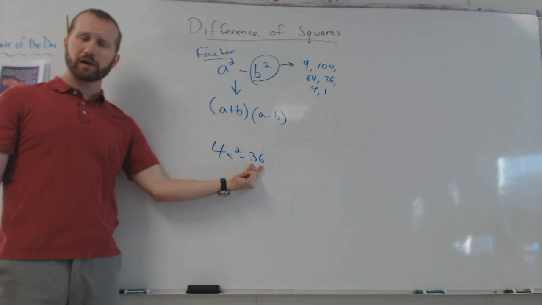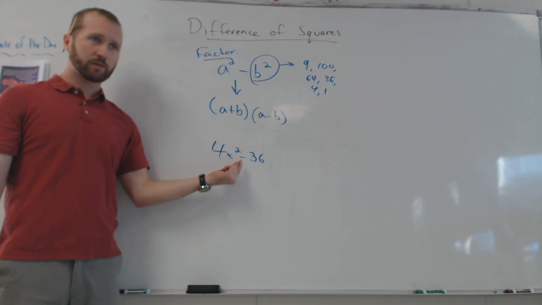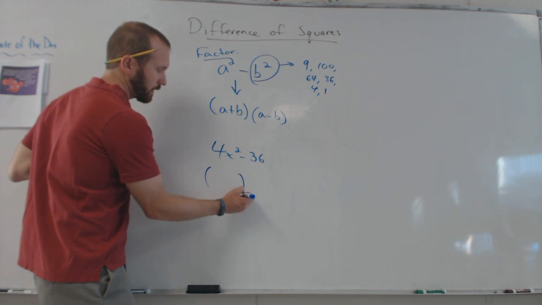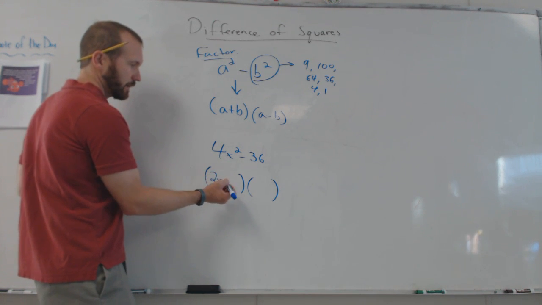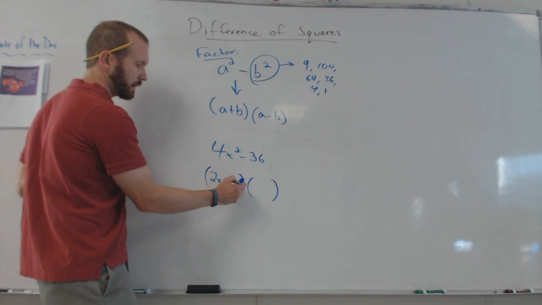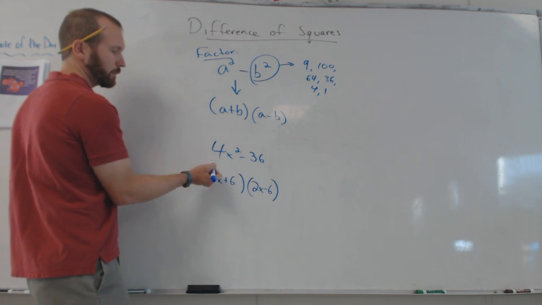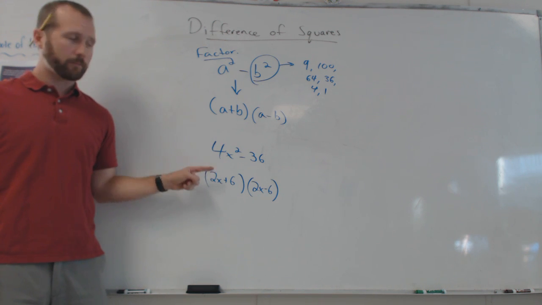Is this a perfect square? Yeah, it is. Do I have a difference? Yeah. So this is also a difference of squares, and I could factor it. The square root of 4x squared is 2x, and the square root of 36 is 6. So I'd have 2x plus 6, 2x minus 6. So sometimes we'll have a coefficient here, and we still factor it the same way.